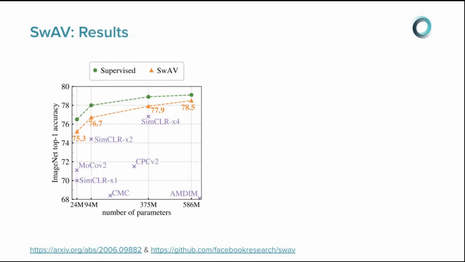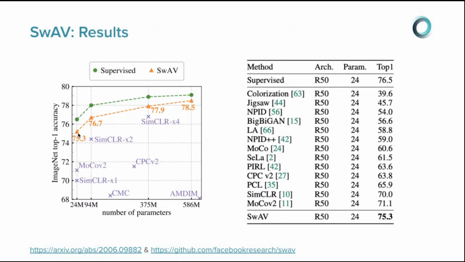And now to the results. Of course, it's now shown as a third approach, so this is better than the two previous ones. You see here in green the supervised trained model, and we're getting always a little bit closer, also with fewer parameters. This is MoCo version 2 and SimCLR, so we're almost approaching the supervised ImageNet top-1 accuracy.